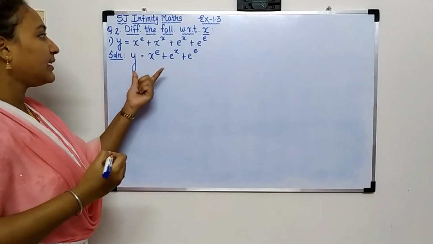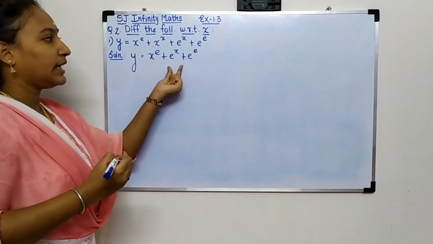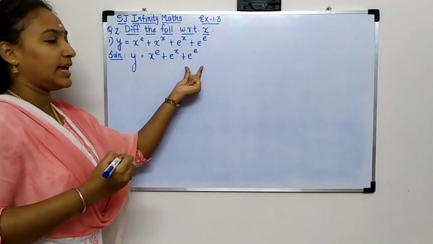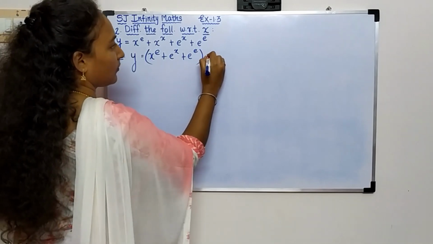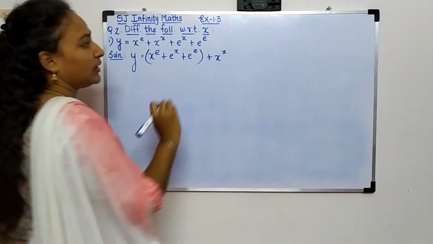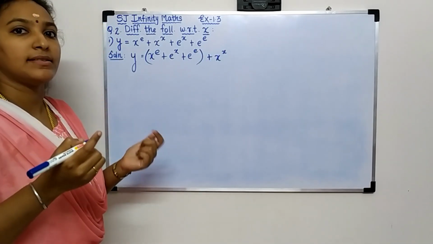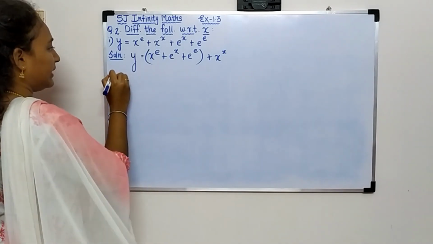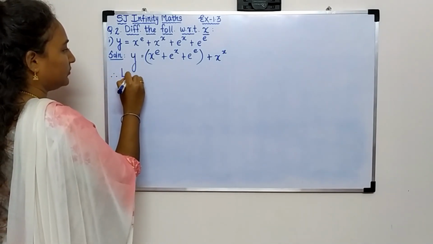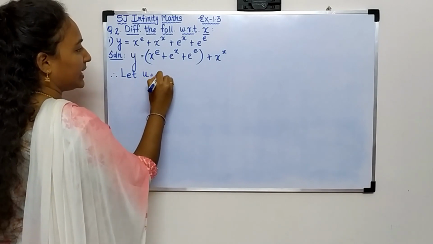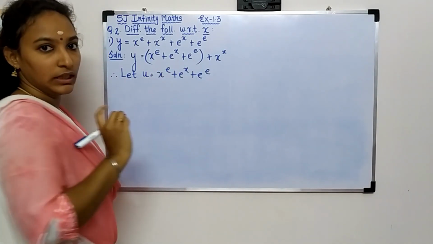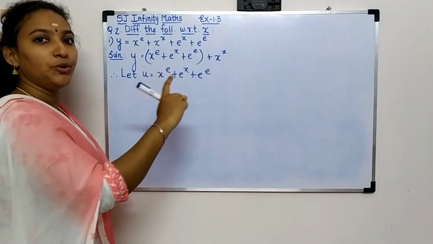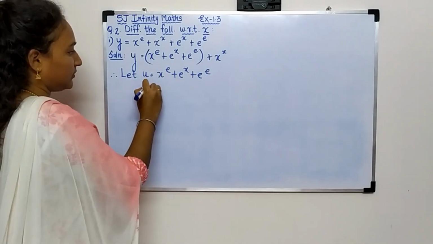See, I am considering x raised to e, e power x, e raised to e as a single function, and x raised to x as a different function. Therefore, we let u be x power e plus e power x plus e raised to e, and v to be x raised to x.